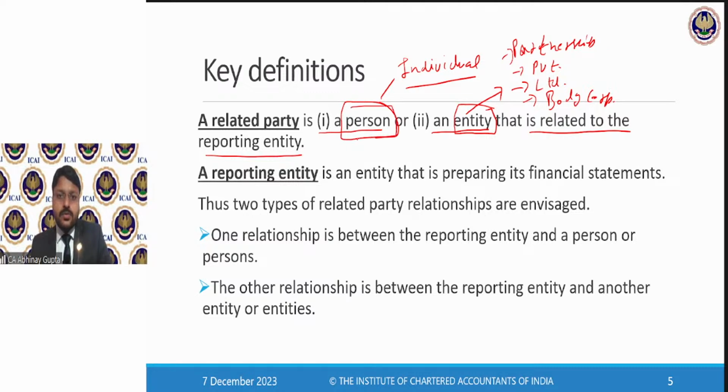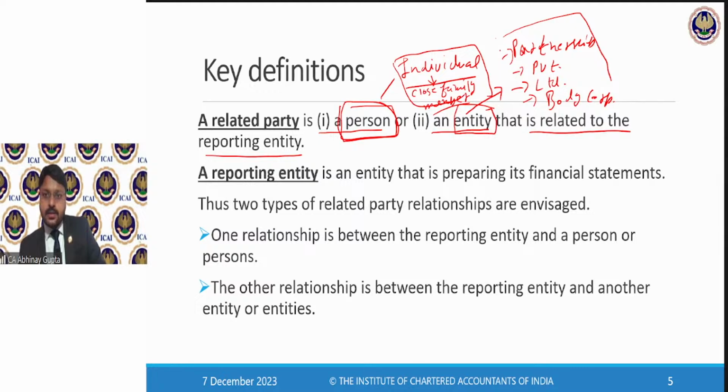And person is the individual, and individual relationships, close family members. We will understand who are close family members, right? So individuals as well as body corporates may be a related party to the reporting entity, right?